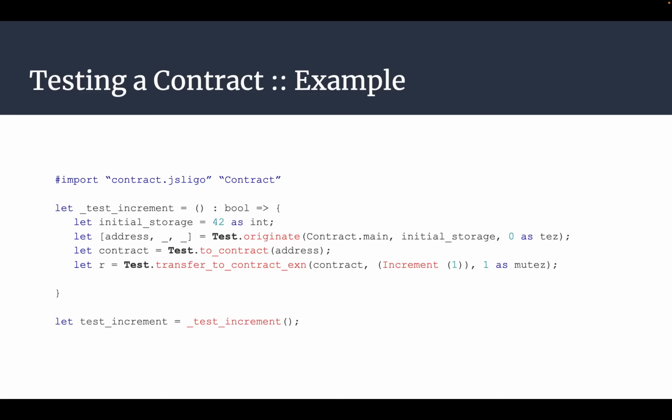We pay for this, but you also have to pay for the gas. And here you do a transaction, which is 1 mutez, once you do an increment by 1. The _exn stands for: once the contract is executed, it throws, and we don't catch the exception here.